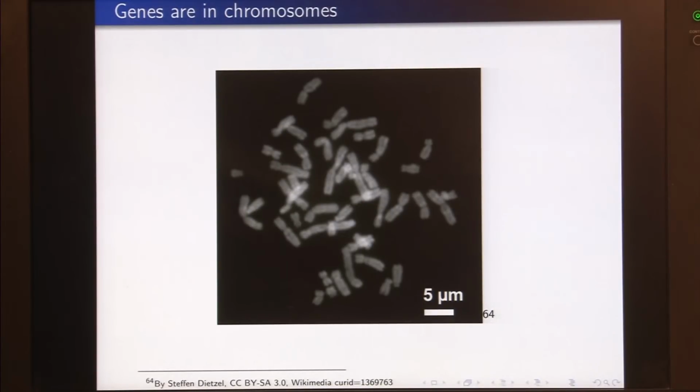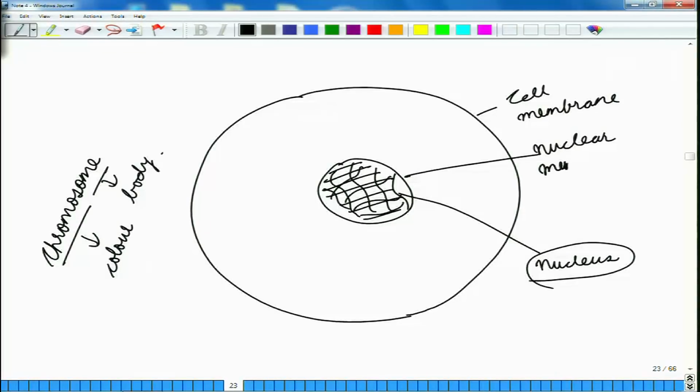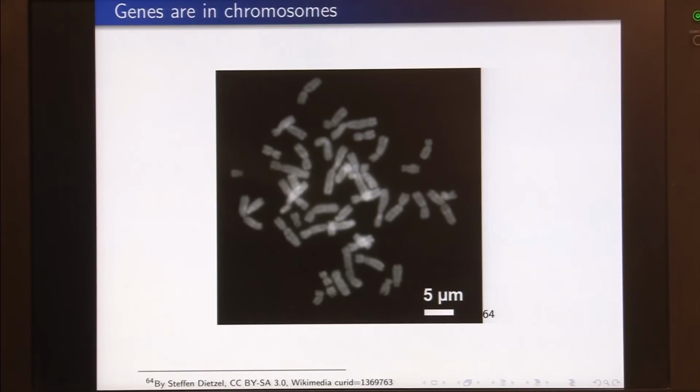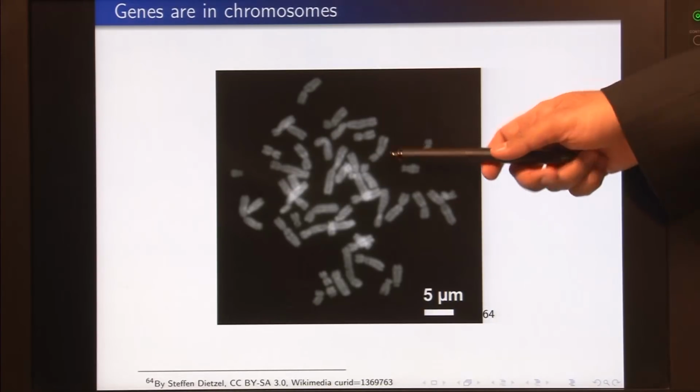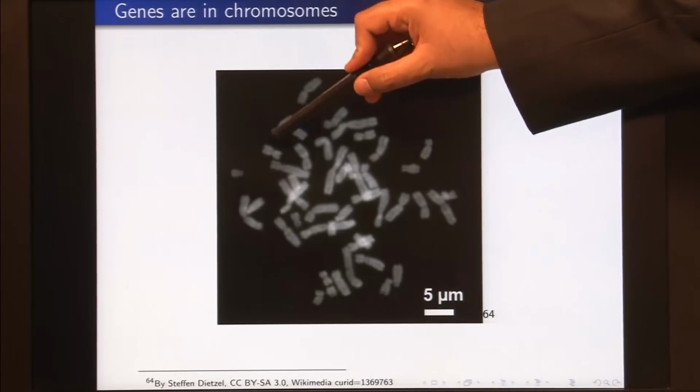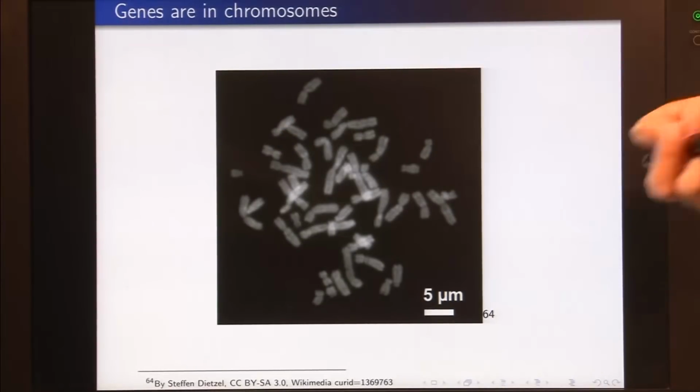Now in certain animal cells, whenever we are undergoing a cell division, there are stages in which this nuclear membrane dissolves by itself, so that all of these chromosomes come out into the cell body, into the cytoplasm. So if we look at these structures in a microscope, we see there are some bodies and they are having some color, because of which we call them chromosomes.